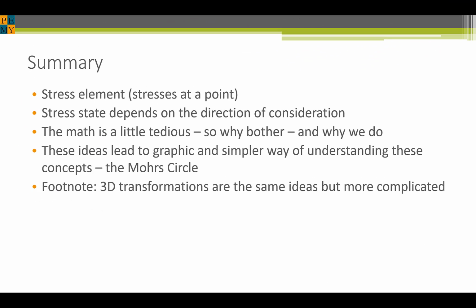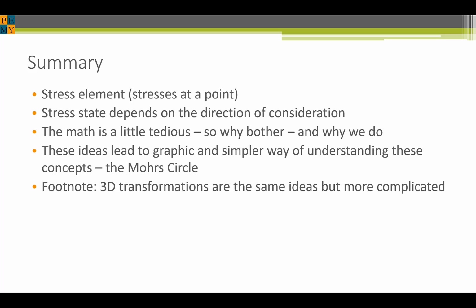So in summary, we've learned that a stress element represents the stresses at a point. The stress state depends on the direction of consideration, and that's why we have to retain the idea of a stress element. The math is a little bit tedious, so you might wonder why bother, and why we do. You have to have seen these ideas at least once, and then you don't need to use them much anymore.